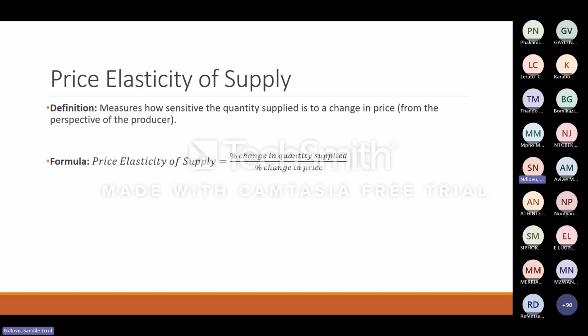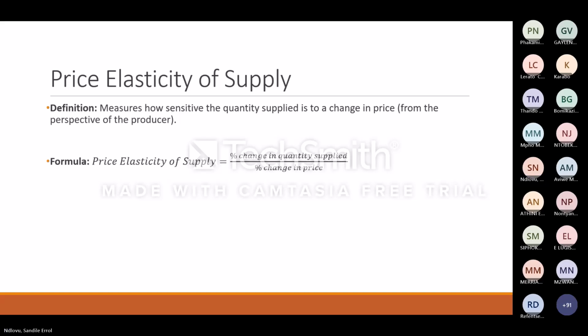And what are the determinants of supply? What determines supply really? Because now this is from the perspective of a producer. What influences supply would be income, interest rates, number of firms, and what else? Labor.